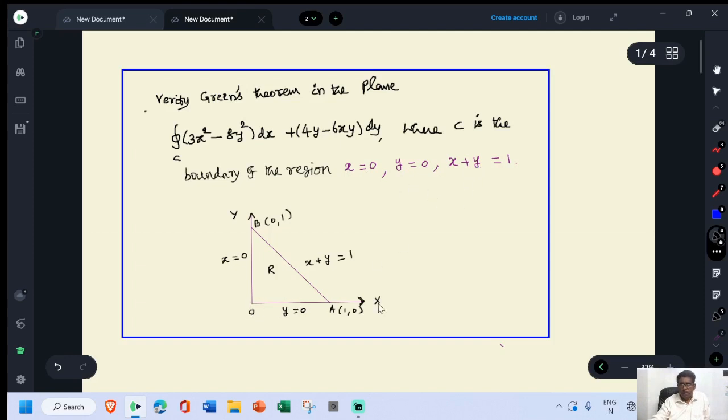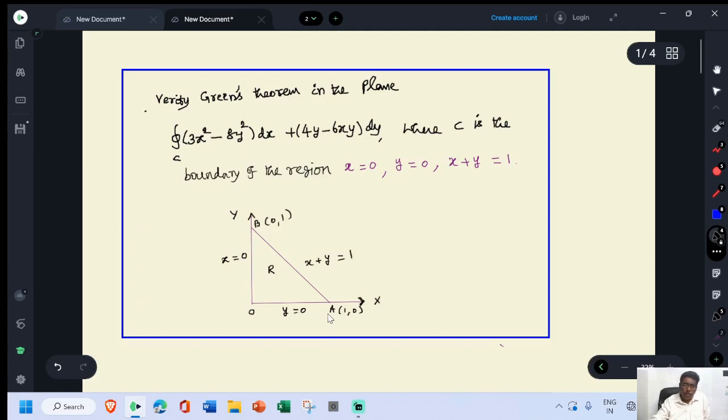See, this is the x-axis, this is the y-axis. If you consider this one as the x-axis, automatically y = 0, so this line represents the y = 0 line. If it is the y-axis, automatically x = 0, therefore this is the x = 0 line.